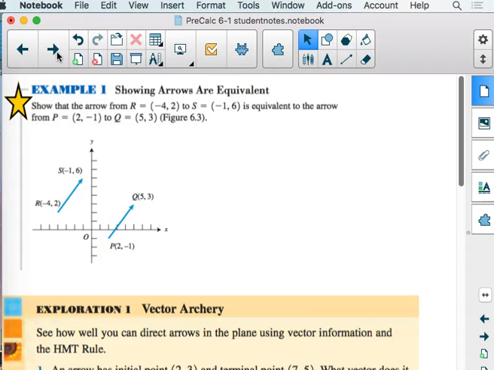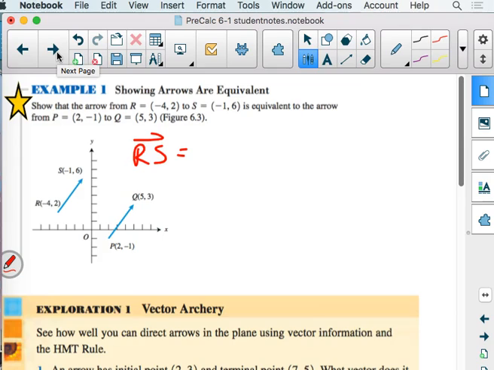Show that the arrow from R to S is equivalent to the arrow from P to Q. Okay, not a problem. RS. All right, so for RS, I'm going to need to take terminal minus initial. So -1 minus a -4.